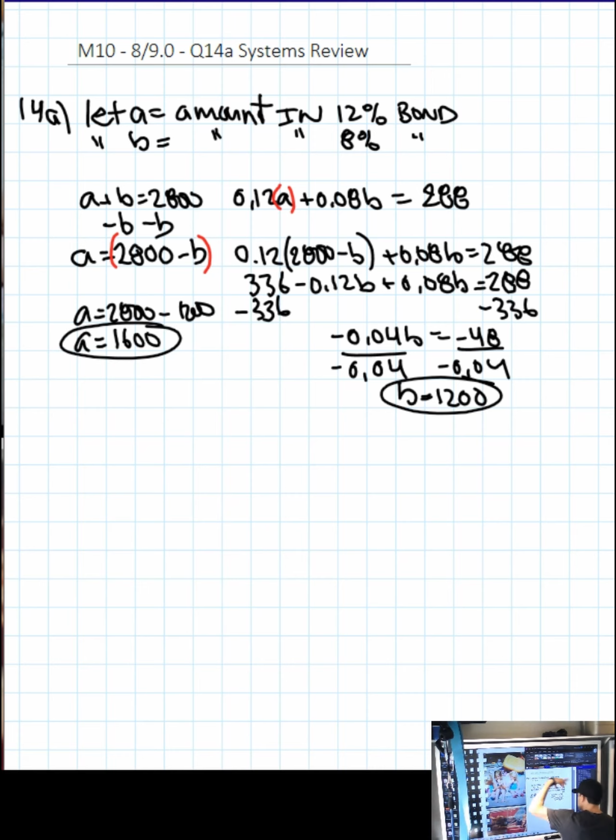Feel free to write an English sentence. We are investing $1,600 in the 12%, and we're investing $1,200 in the 8% bond.